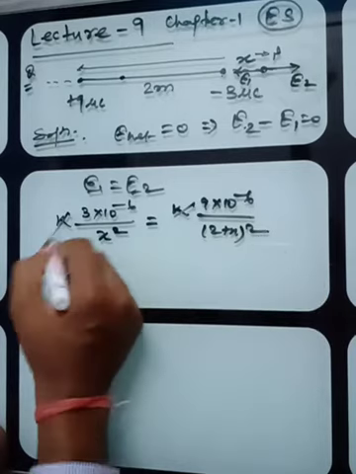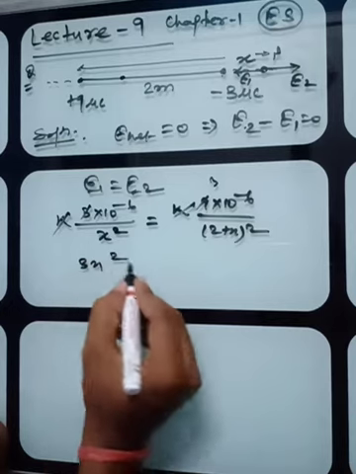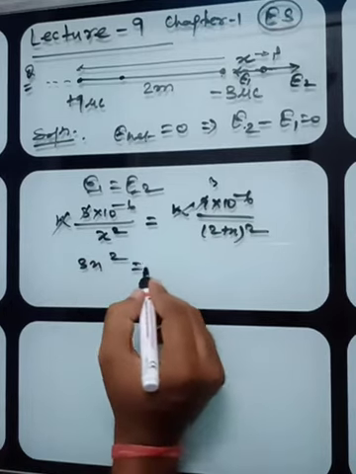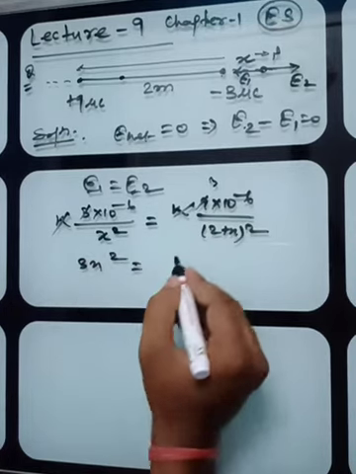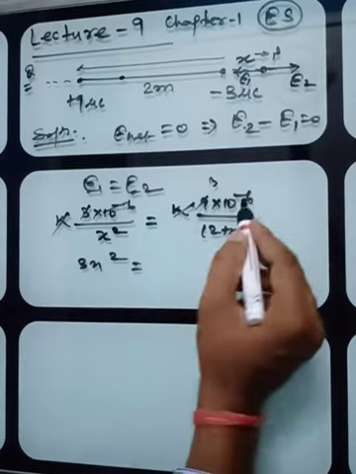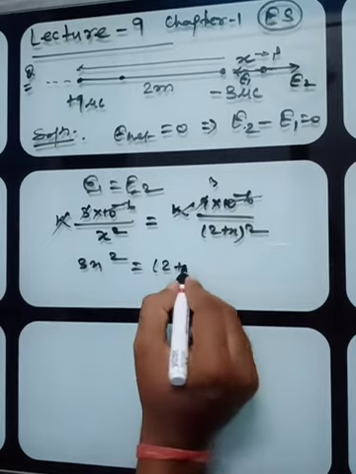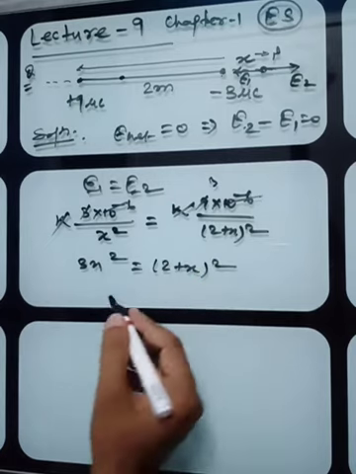Now cancel out this k. 3 3s are 9, so 3x squared is equal to, this will also cancel out, 2 plus x squared.